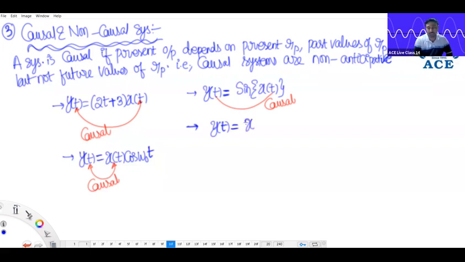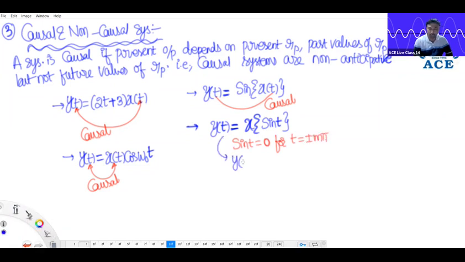Instead of sin x(t), if it is given as x of sin t, now you think there is a chance for non-causality. Why? sin t equals 0 means the general solution is integer multiples of pi.